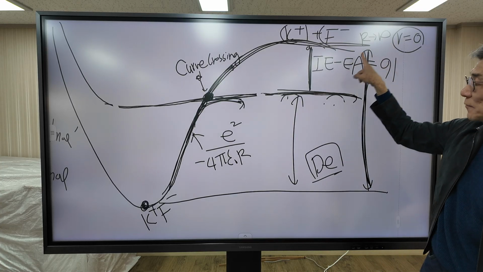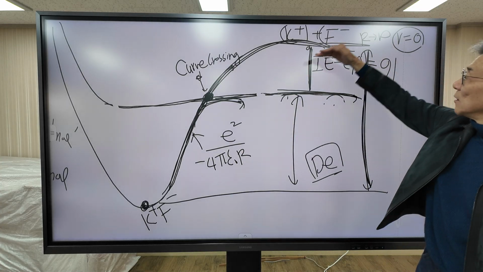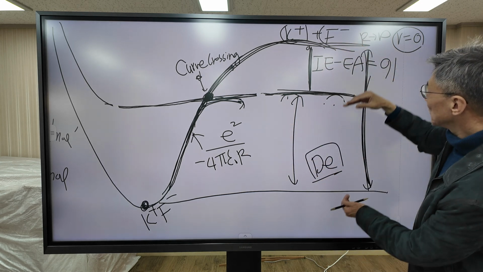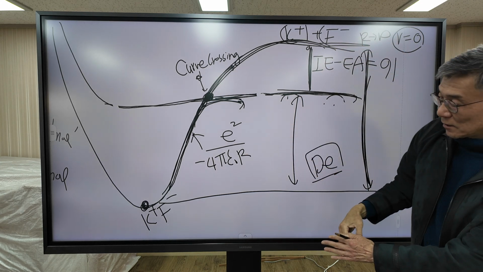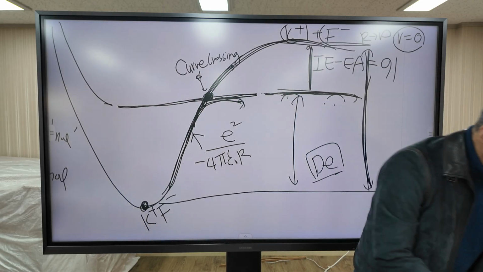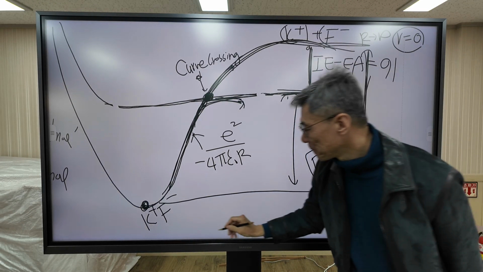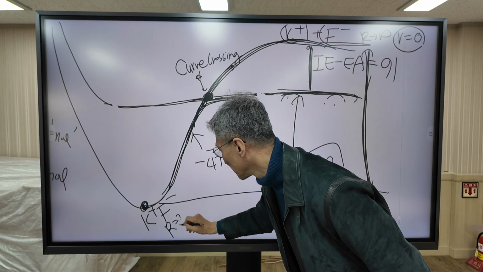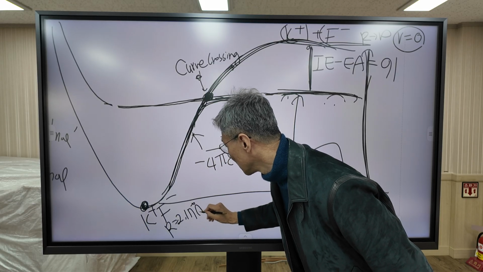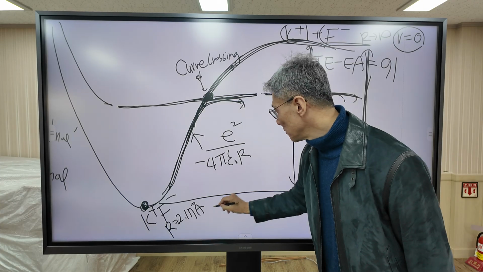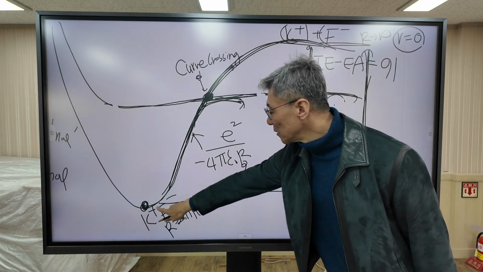When you apply R equal infinity for this expression, the potential energy is 0. So, how do you determine this length? The bond length of this one, according to X-ray data, it is equal to 2.17 angstrom. So when you substitute 2.17 angstrom here, you can determine this energy.